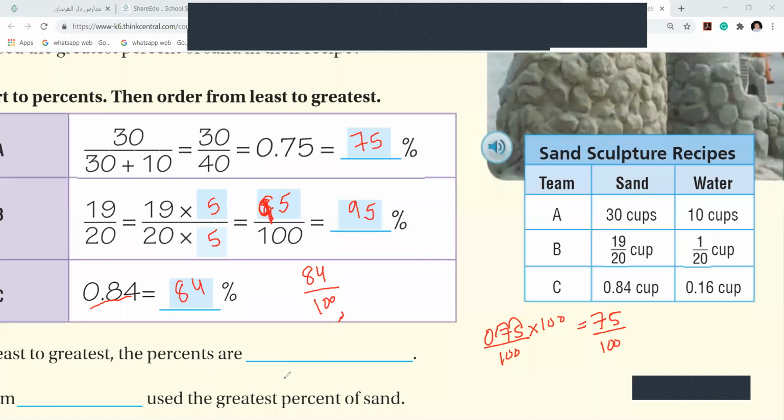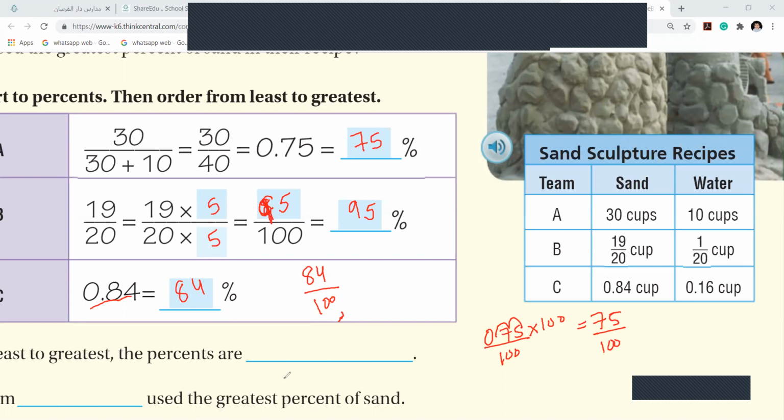So, least to greatest. Just write in the 12, team A, in the 13, write 12, team C. And you can read it out, girls. Read out the question. Which team used the greatest percentage? The greatest percentage is team A or C. Here you have to write least to greatest.